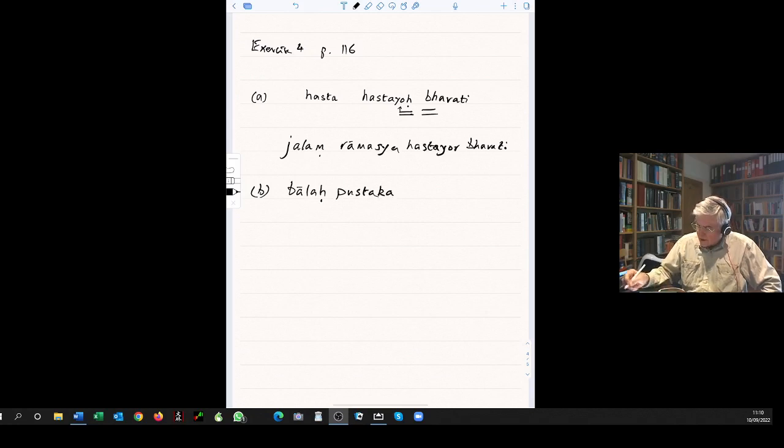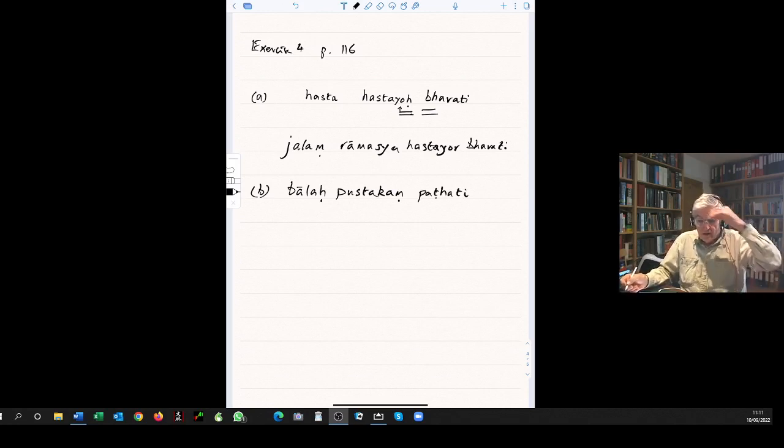It's a neuter noun. Pustakam, same for nominative and accusative. Pustakam patati. Right, we've got the m becomes anuswara, followed by a consonant, and patati, he reads. Balaha pustakam patati.